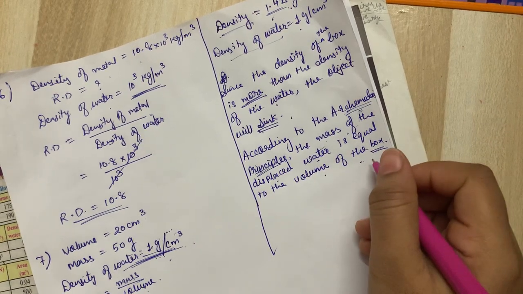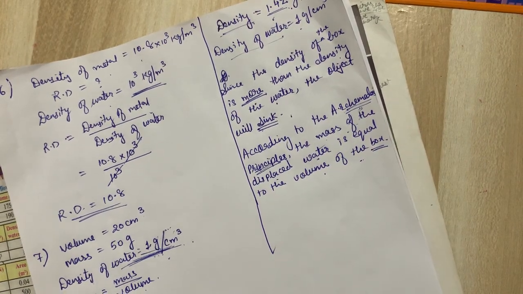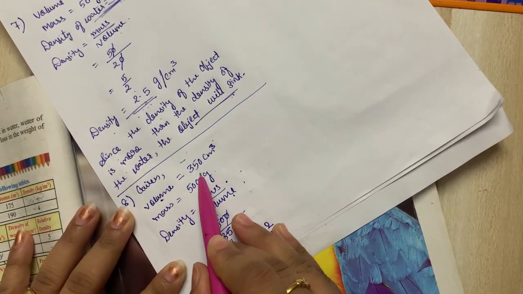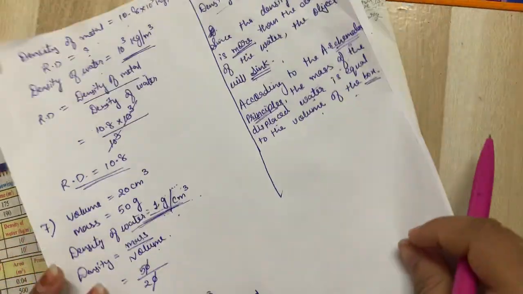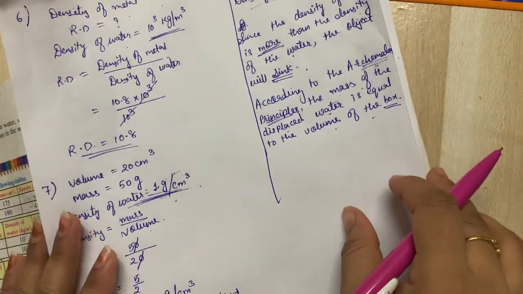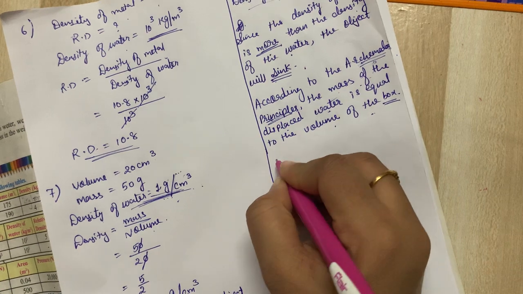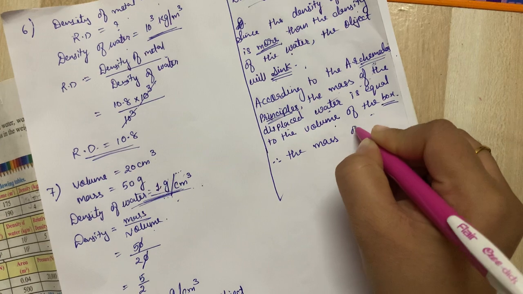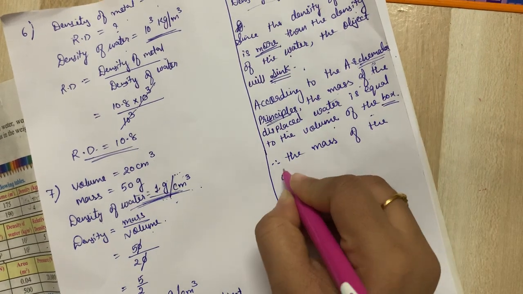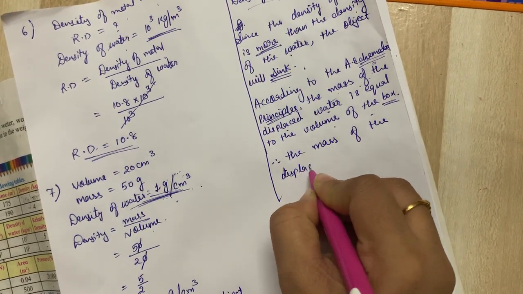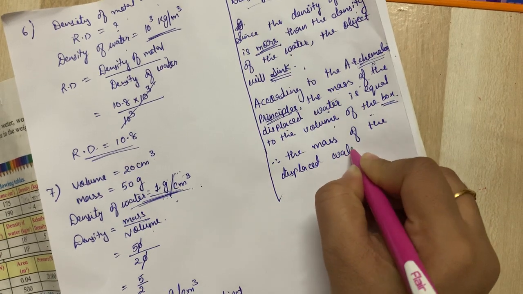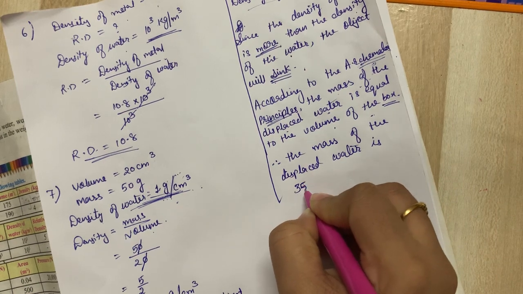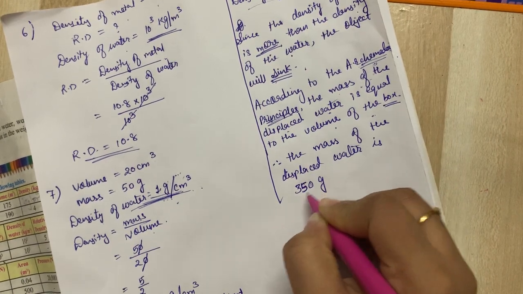So what is the volume of the box? You have already written it here. See, volume is given, 350. So obviously the mass will be, therefore you have to write, the mass of the displaced water will be 350 gram.